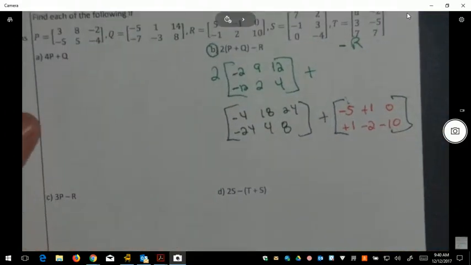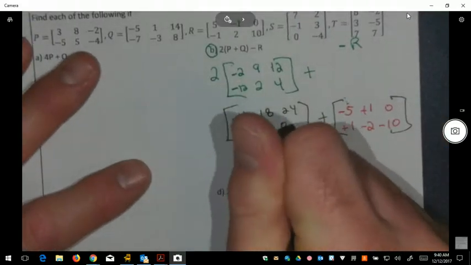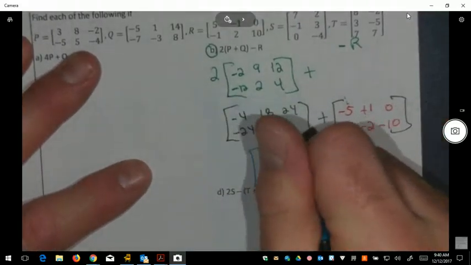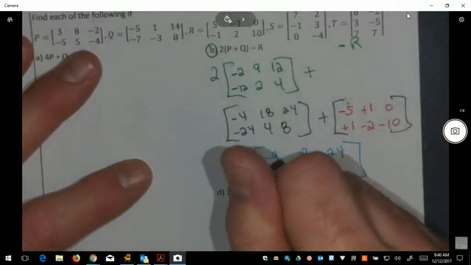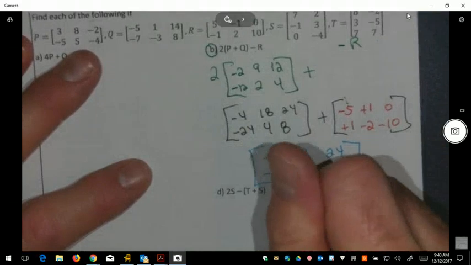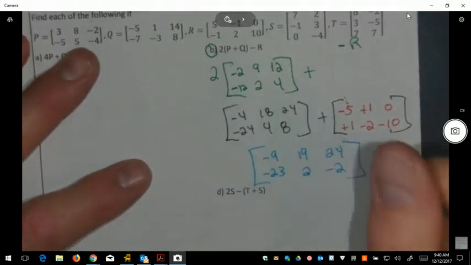And now we can add these together. We get a final answer of -9, 19, 24, -23, 2, -2.